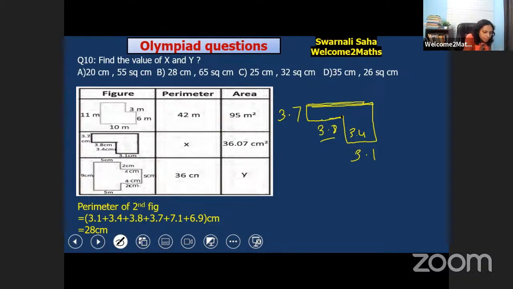Here you can see it is 3.8 and 3.1, so it would be 6.9. Understood? For the perimeter, just you have to add all the things. So it would be 28.